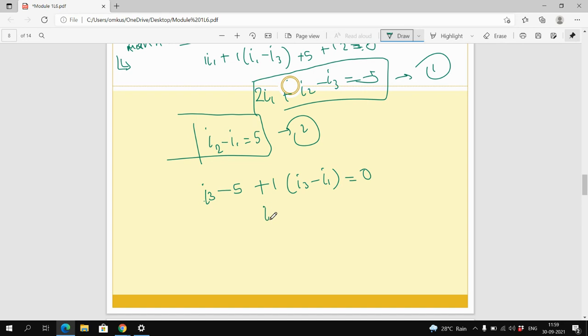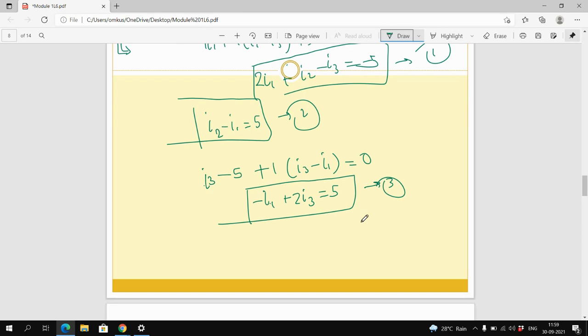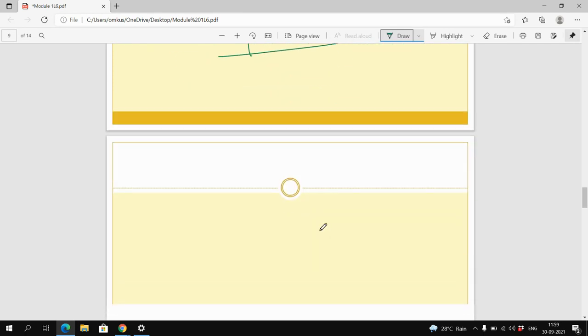When you solve this, you will get minus I1 plus 2 I3 equal to 5. This is equation number 3. When you solve all the equations, you will get I1 equal to minus 3 A, I2 equal to 2 A, and I3 equal to 1 ampere.